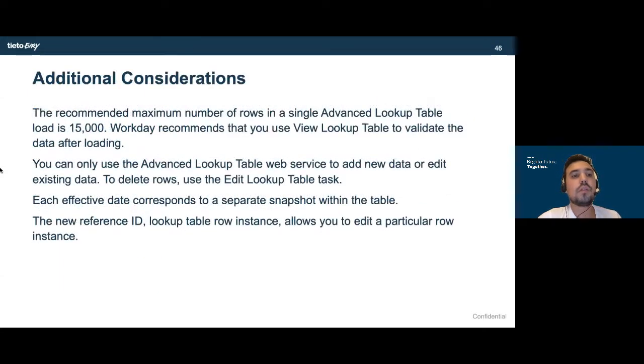As an additional consideration, the maximum number of rows you can have in one single advanced lookup table is 15,000. So it's okay, there's still room, but it's good to remember because it can go quite fast. You can get quite many rows if you have highly complex advanced lookup tables.